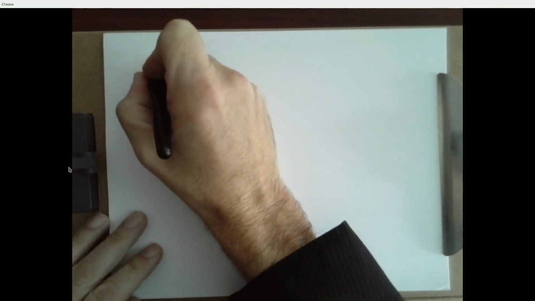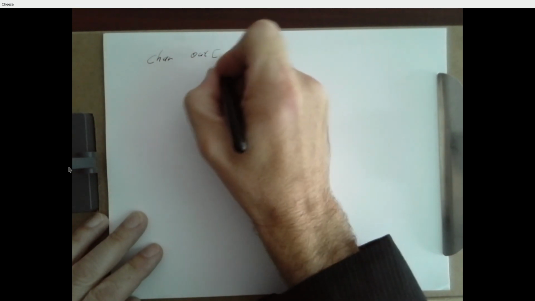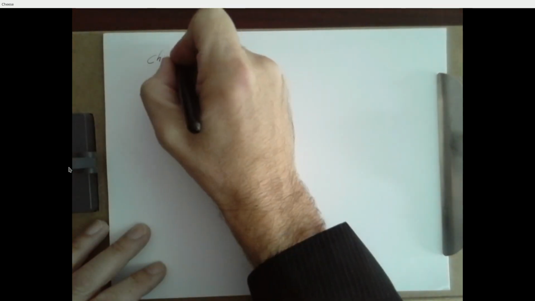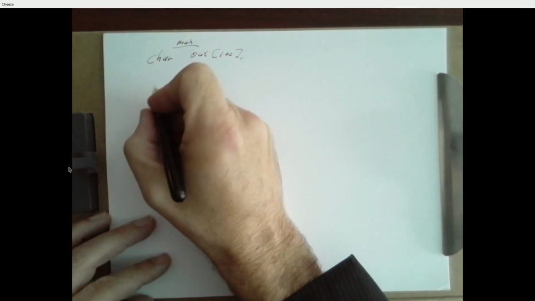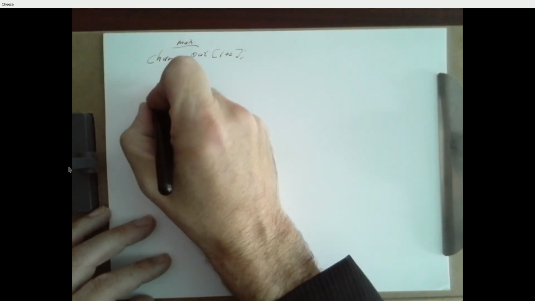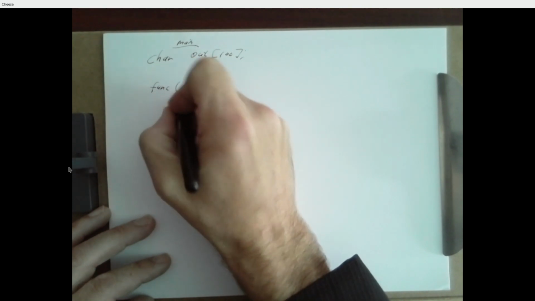So suppose we have this is our main program here. Suppose we have an array of 100 characters declared in here, and we say something like function out.